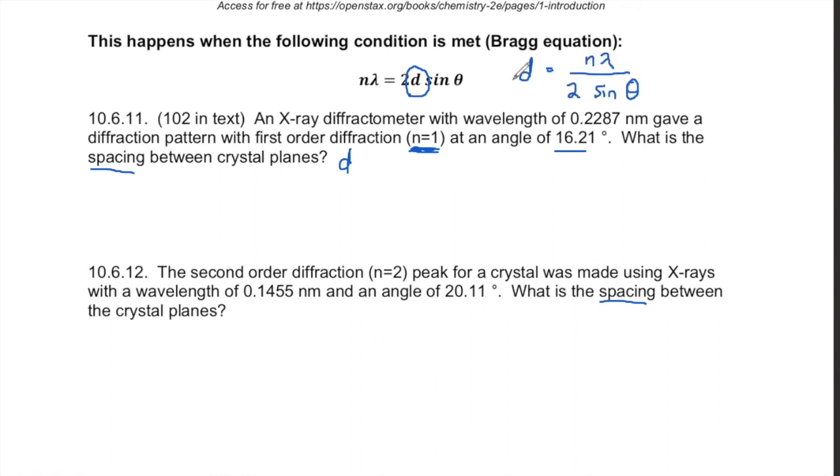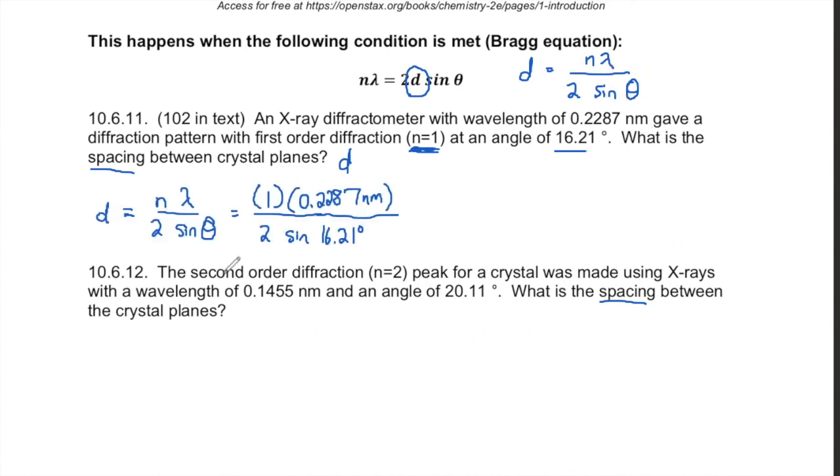So if we solve this equation for d, we get n times lambda over 2 times the sine of angle theta. So plugging in these numbers, n is 1, the wavelength of the X-ray is 0.2287 nanometers, and then we have 2 times the sine of an angle with 16.21 degrees.